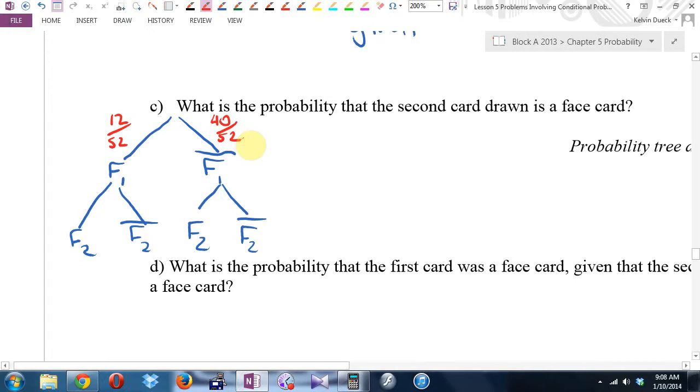How many are left in the deck? Out of? How many non-face cards? Down the right-hand branch, you didn't get a face card. How many face cards are left in the deck? Out of 51 and 39 out of 51.